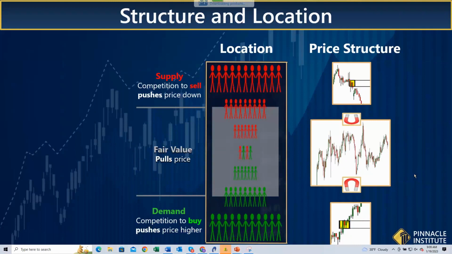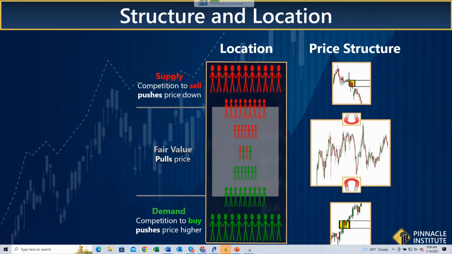And so it's all about supply, demand, and fair value, right? And I know most people understand that. In other words, how and why prices turn and move in markets is all about supply, demand, and fair value. Let's talk about fair value for a moment.